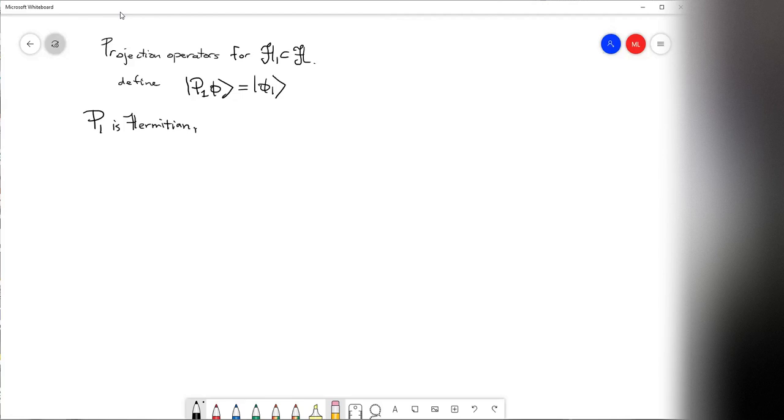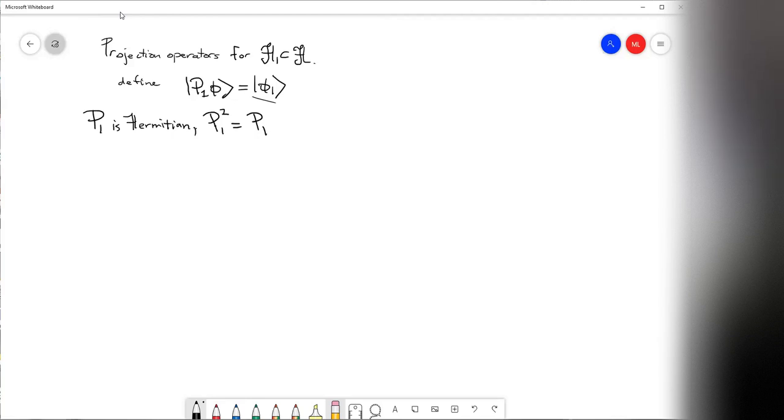And there's also a more obvious fact, it's in the notes, but you also show it on the homework, so I won't go through the proof. If you apply P1 twice, that can't possibly do anything, because if you apply P1 again to phi1, that won't do anything because it's already in your subspace. So P1 squared is the same as applying P1 once.